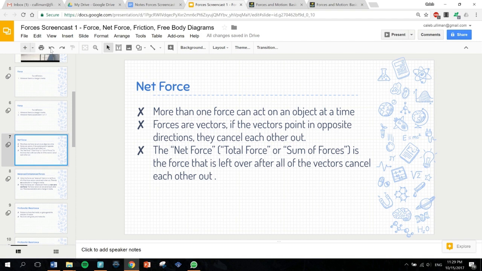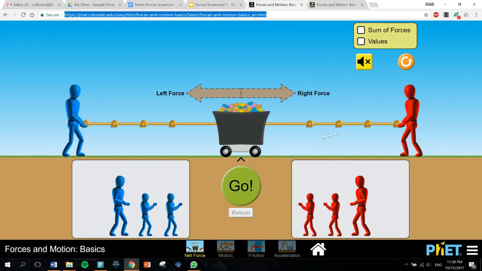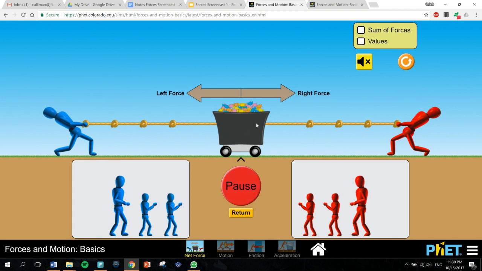This is kind of easier shown than explained, so here we go. Here we've got two people, green guy and red guy, and when I press go, they're going to pull, and you see nothing happens, right? You see that this is a vector, sum of forces and values.